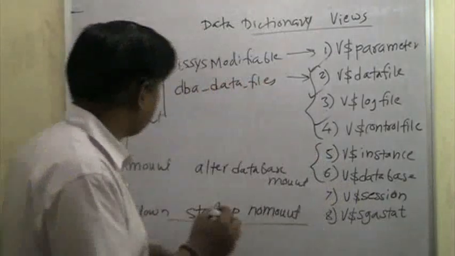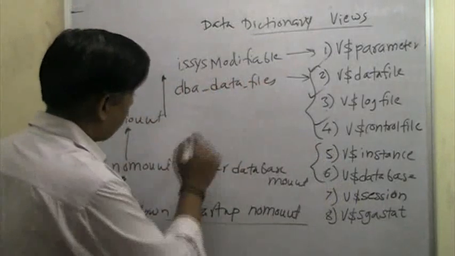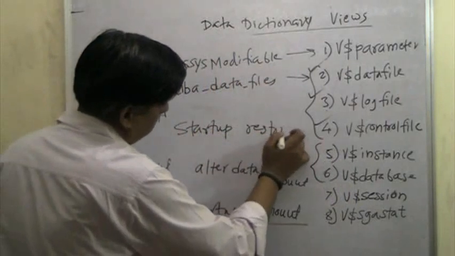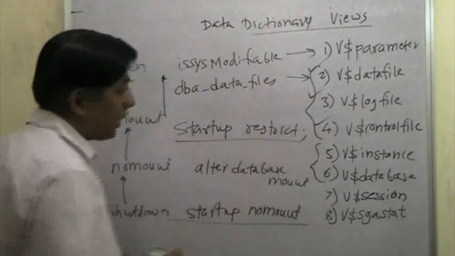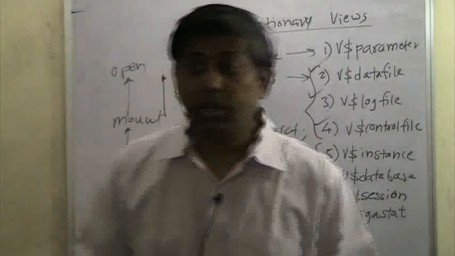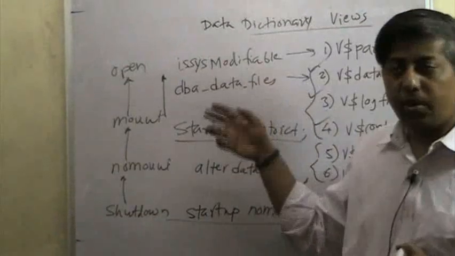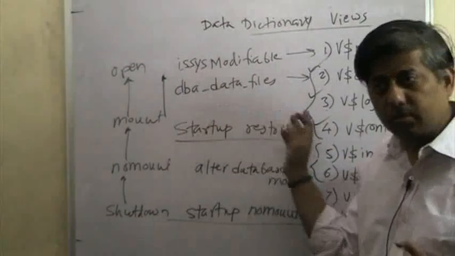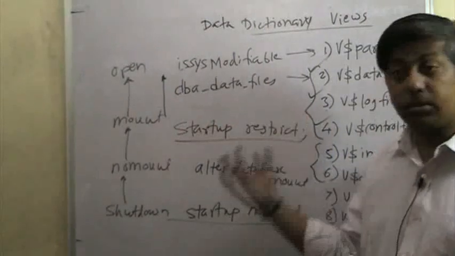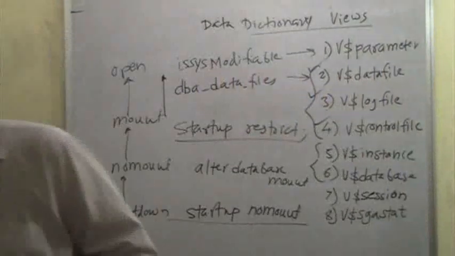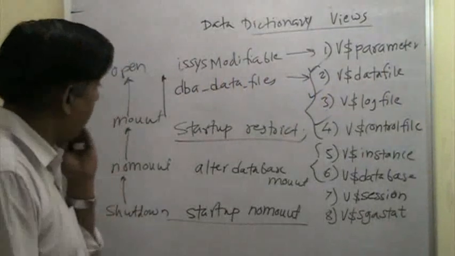Then you fire the command startup restrict. The database is open, but still nobody can connect to the database. And since the database is open, you can select from DBA_DATA_FILES and other views, but still nobody can connect, except the sys user, obviously.